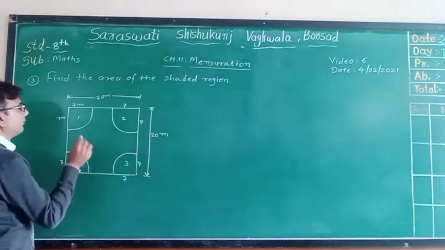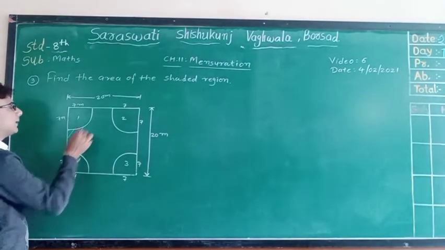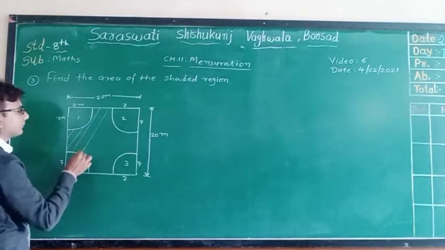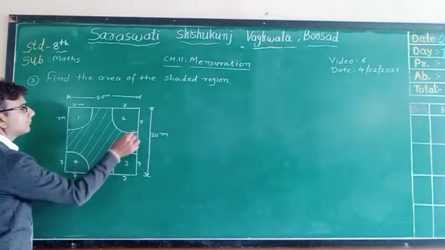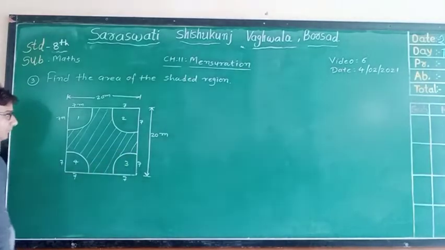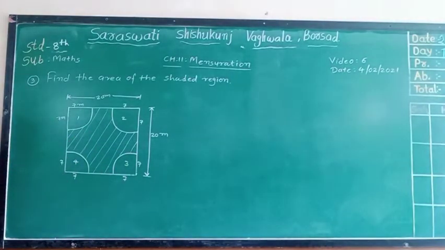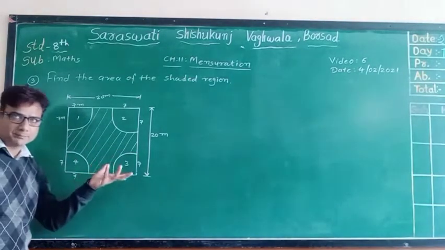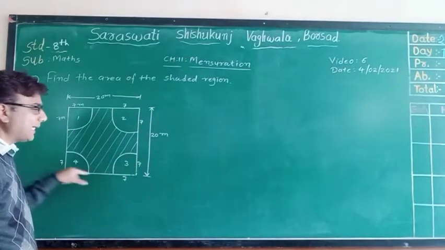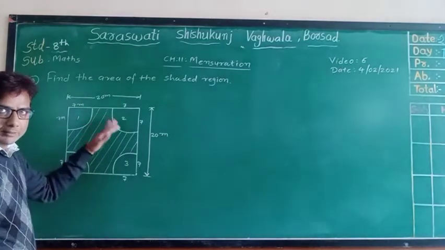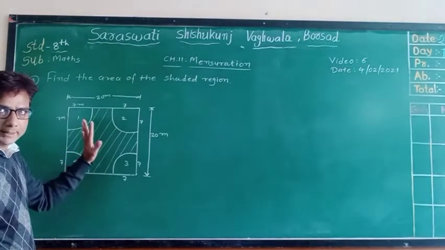See, and we want to find this shaded part region. How can we find it? First we will find this whole square area, since the length is given, so we can find it easily.